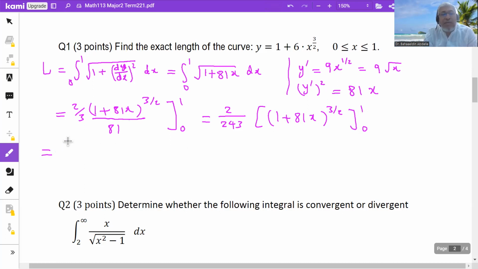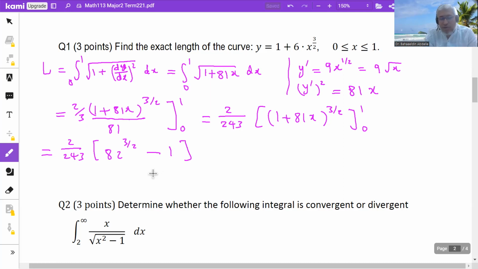This means that I replace x first by 1. So I'll have 1 plus 81 times 1, that's 82. So I'll have 82 to the power 3 over 2, minus, I replace x by 0, so I'll get 1. 1 to the power 3 over 2 is just 1.